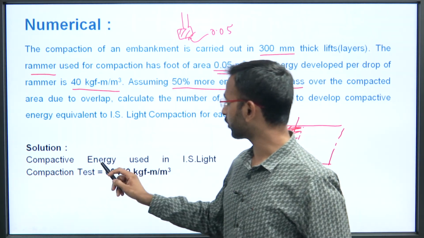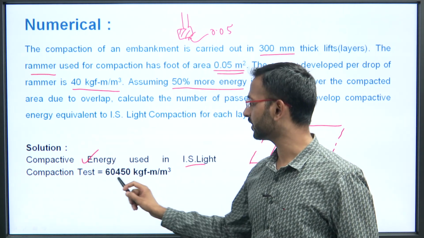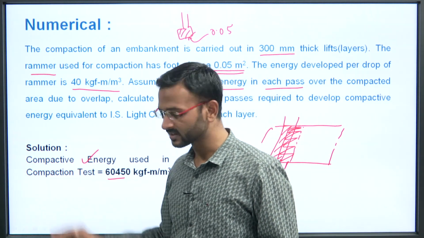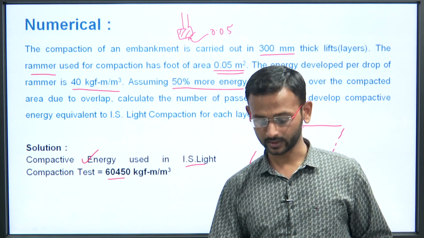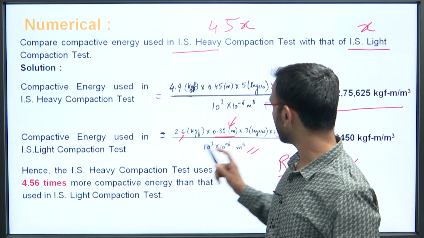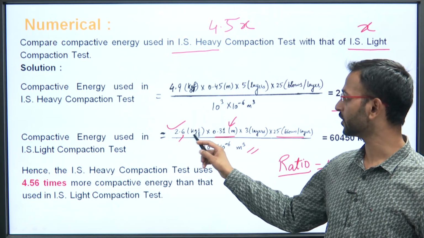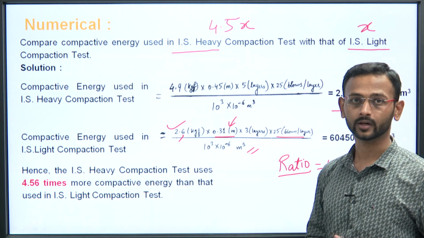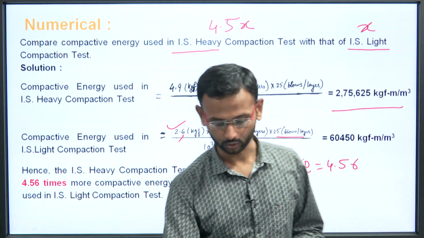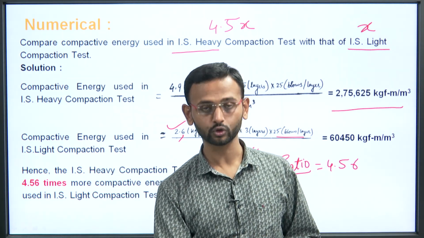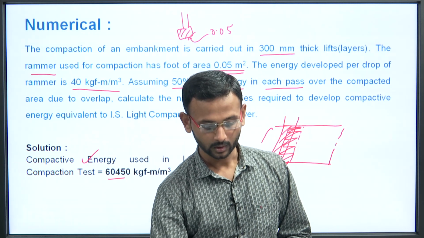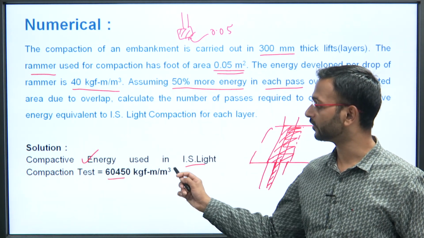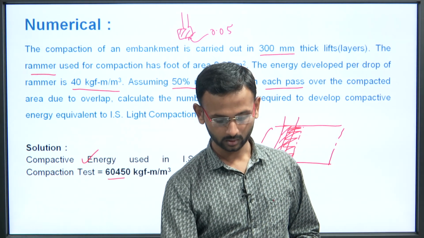Now you already know that the compactive energy used in the IS light compaction test is 60,450 kilogram force meter per meter cube. I have not shown it here, but in the previous numerical you have already seen 2.6 kgf into 0.31 meters into 3 layers into 25 blows per layer, divided by the volume, that is 10 to the power 3 into 10 to the power minus 6 meter cube.